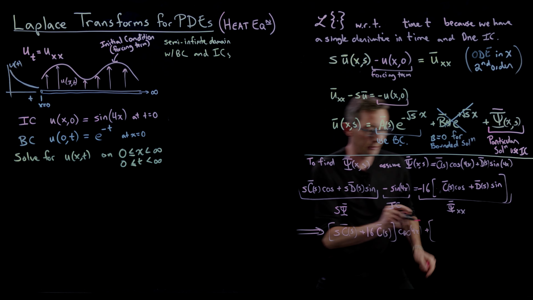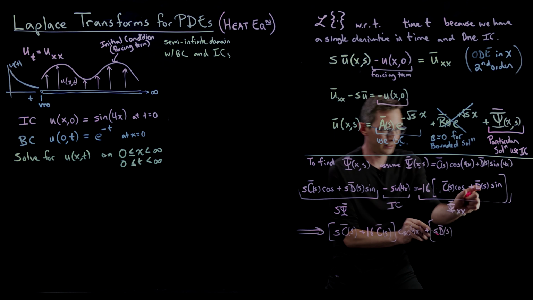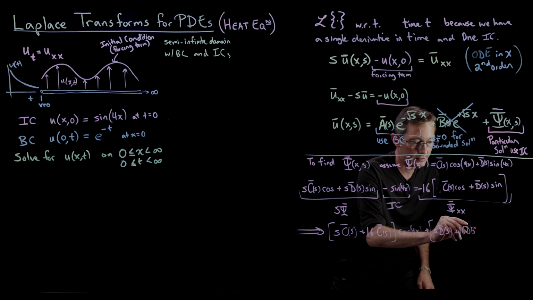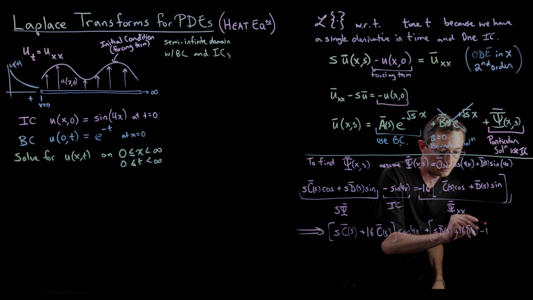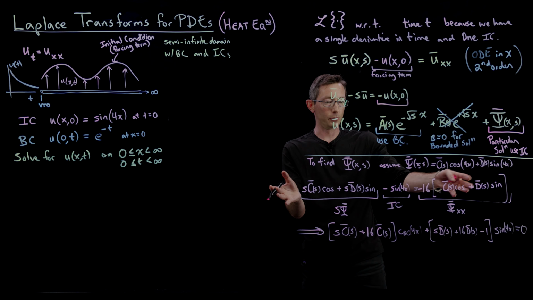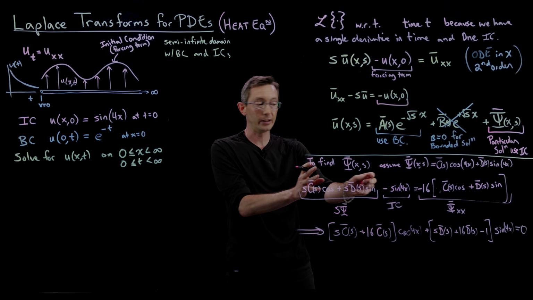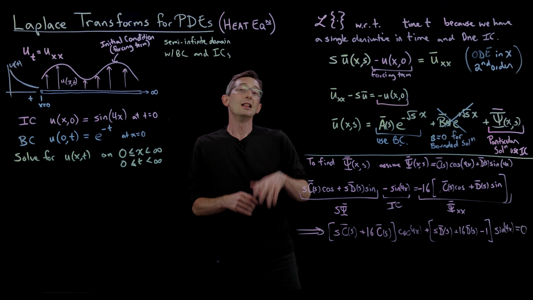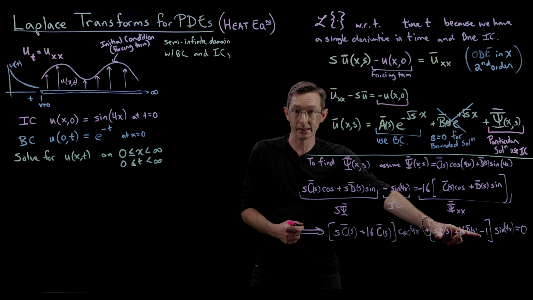now I have s d of s plus 16 d of s, because I'm bringing this term over, this has a sign on it, minus 1. All of that times sine 4x, and we know that all of that had to equal 0. So all I'm doing is moving all of my cosine terms over and grouping them, and all of my sine terms over and grouping them, and that will have to equal 0. Now for this to be true for all of x, each has to equal 0.